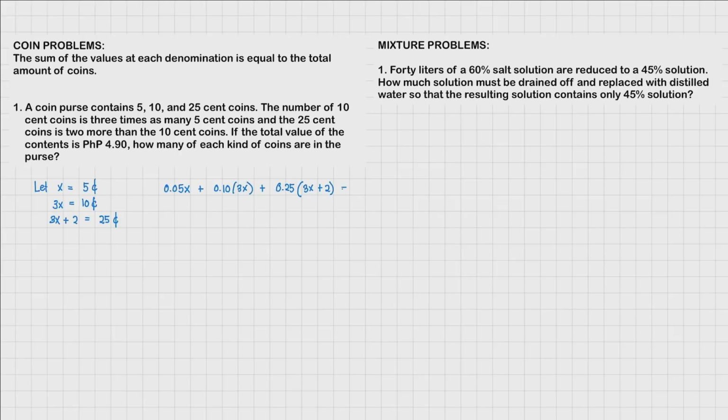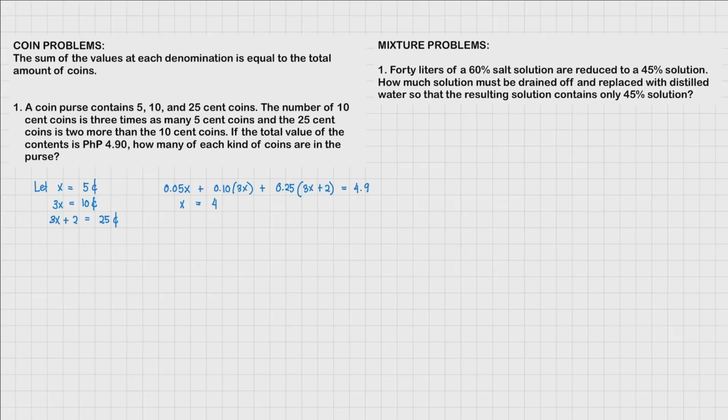And that should be equal to 4.9 pesos. Solving for x, we get an x value of 4, which would be the number of 5-cent coins.